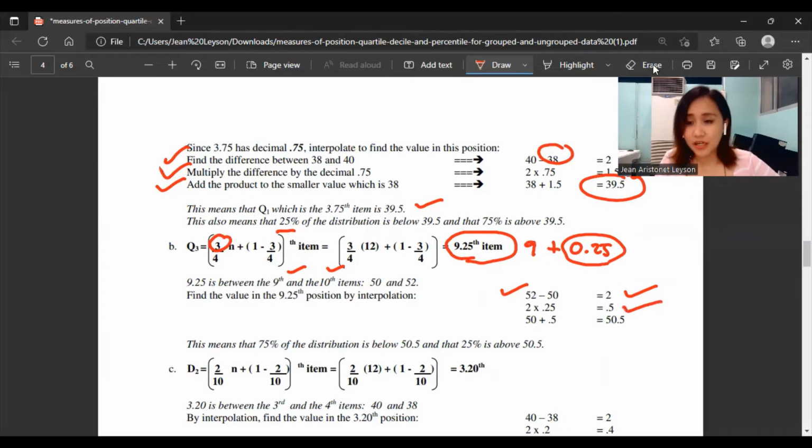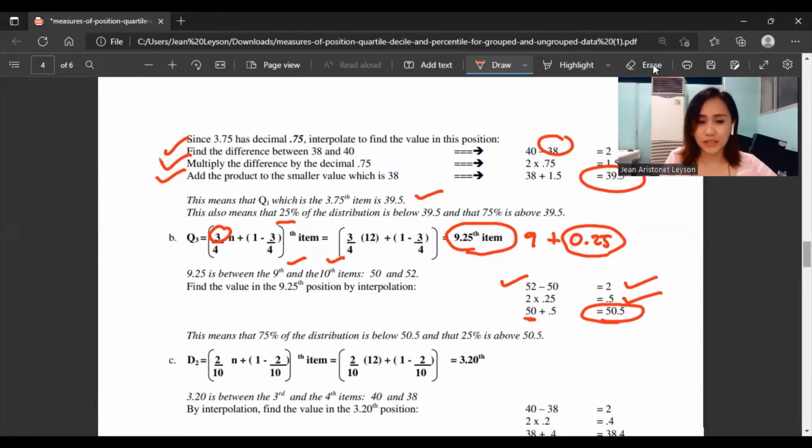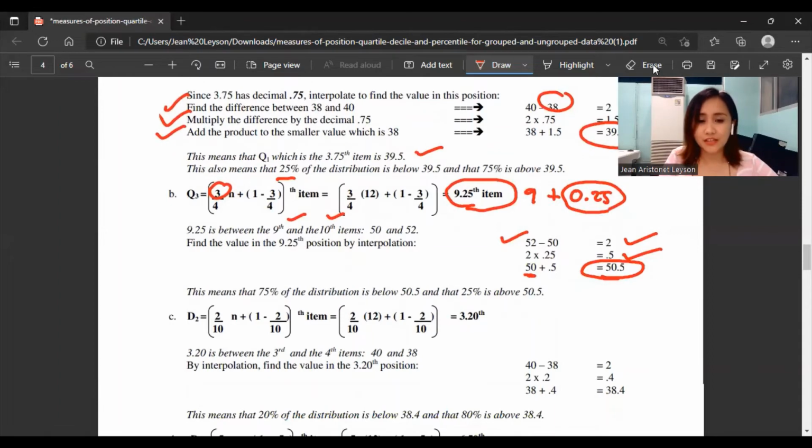Again, you can use your calculators if you're not a master in terms of decimals. Then add the result to the lesser number, which is 50. So we have the answer of 50.5. So that means that 75% of the distribution is below 50.5 and 25% is above 50.5. So the third quartile is in the 9.25th item or 50.5.